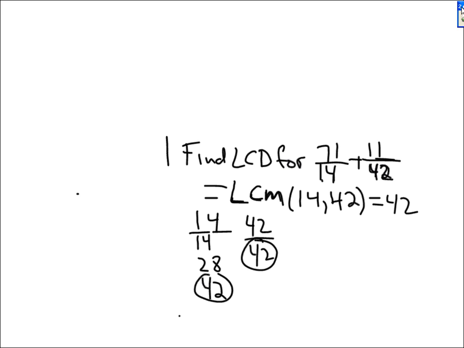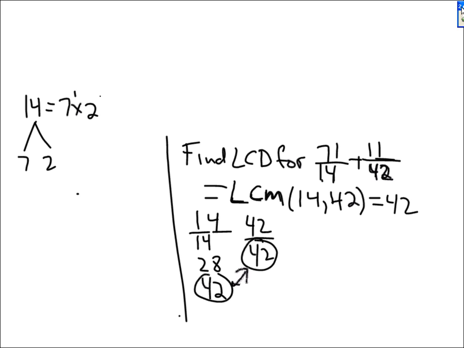So we did it one time. We wrote down the product. That is the multiplication table. We found the smallest number on both. So 14, for example, that's 7 times 2. 7 to the 1 times 2 to the 1. 42, we just learned that it's 14 times 3.